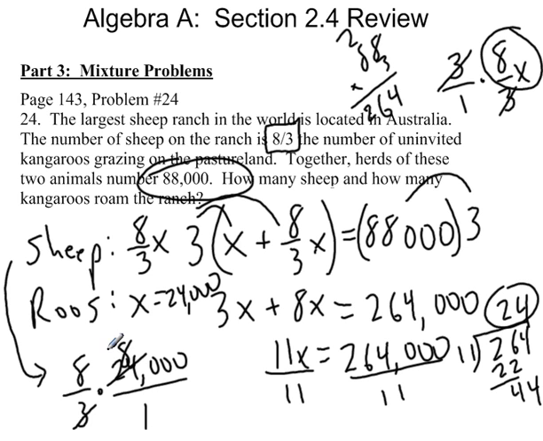Now you know that 8 times 8 is 64. Put your 3 zeros after that, and you have 64,000 sheep. If you add up 24,000 kangaroos to 64,000 sheep, you'll get 88,000 total animals, which matches the original information in your problem.